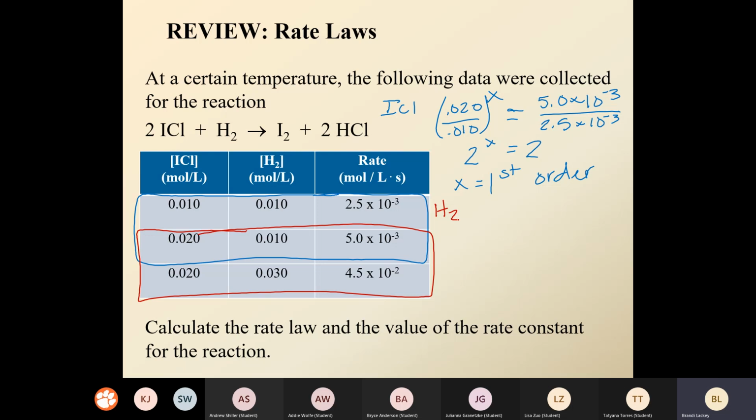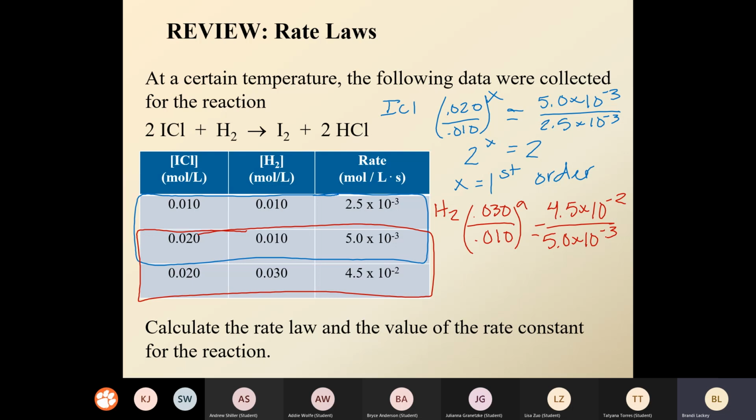So same deal, we do the ratio between the concentration compared to the ratio of the rates. So we have 0.030 divided by 0.010 to some power is equal to the ratio of the rates. So 4.5 times 10 to the negative second over 5.0 times 10 to the negative third.